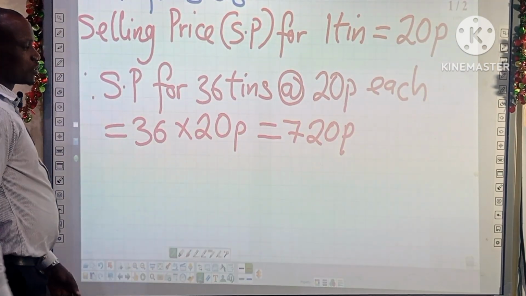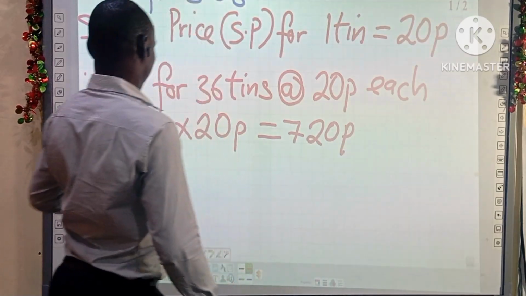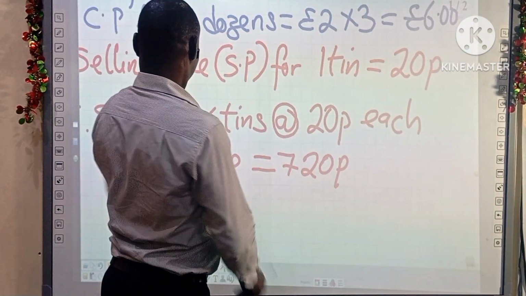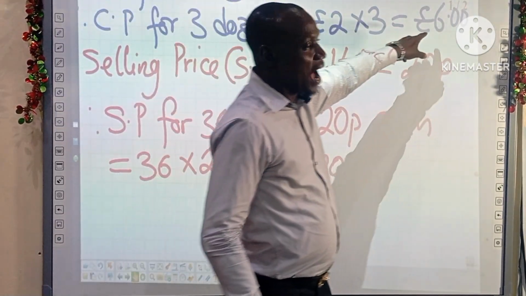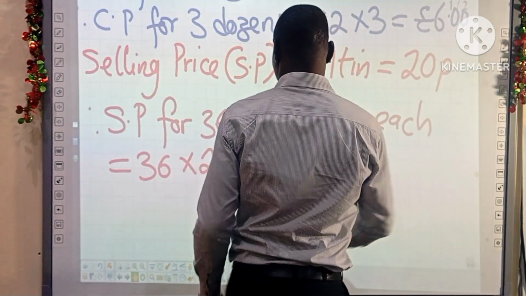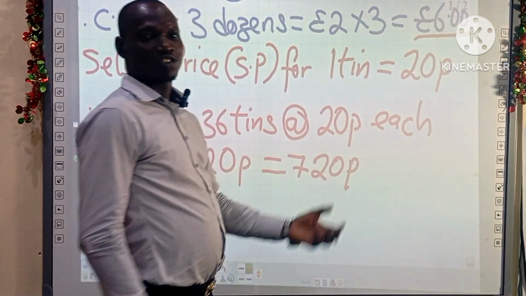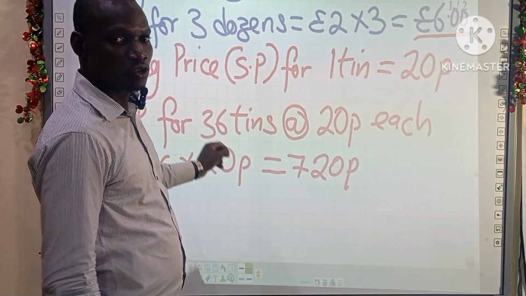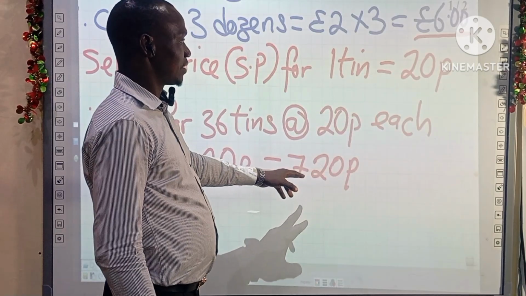So, our next step is to look at the cost price and the selling price. The cost price, as we can see on the board, is £6. That is the cost price of our 3 dozens of milk. Now the selling price for the 3 dozens of milk, which is actually 36 tins, is 720 pence.